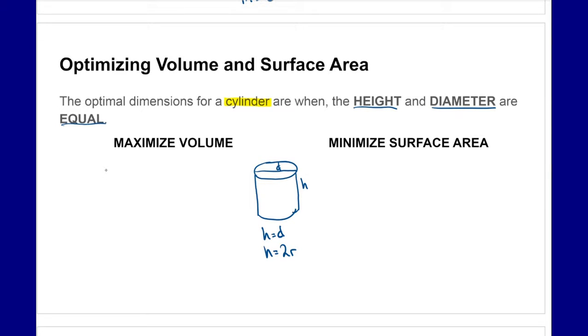The volume of a cylinder is equal to pi r squared h. What we can do is replace h with 2r, and then simplify this to 2 times pi times r cubed. So that is our formula when we're dealing with optimization in cylinders when looking at volume.